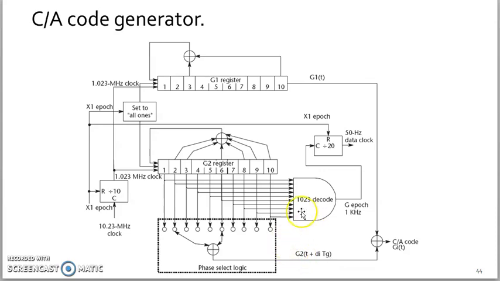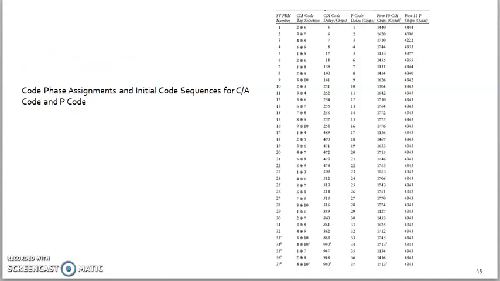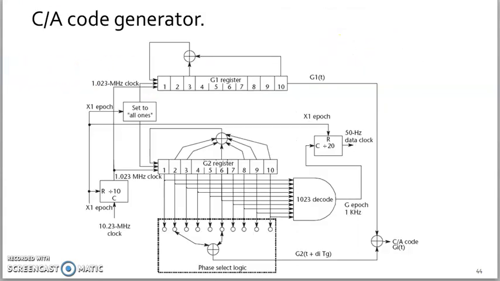Now this table indicates the tap selection for the GPS PRN code, the C/A code delay, and the P code here, for the C/A code generator.